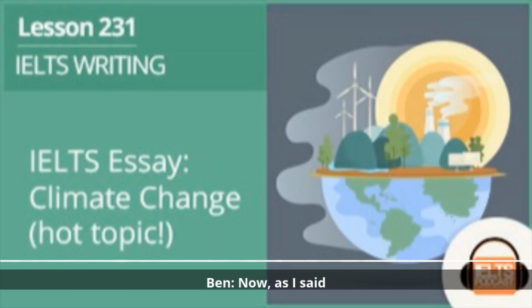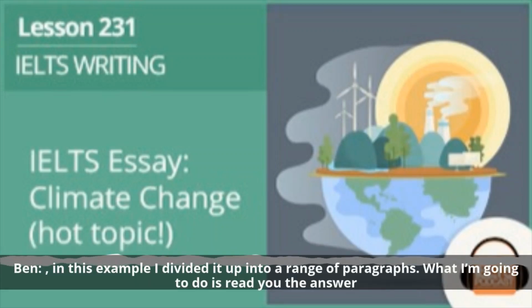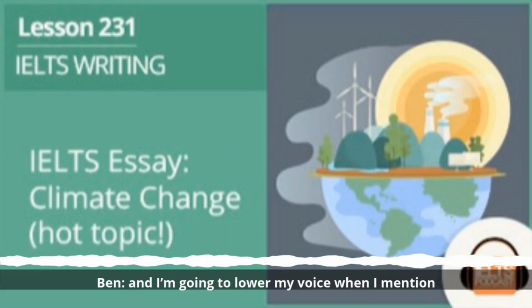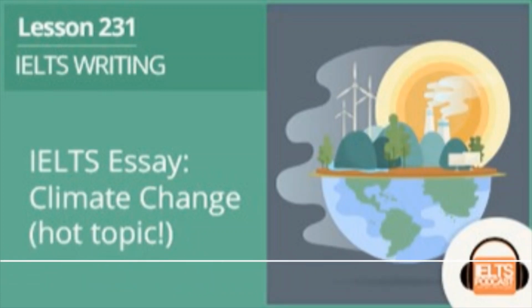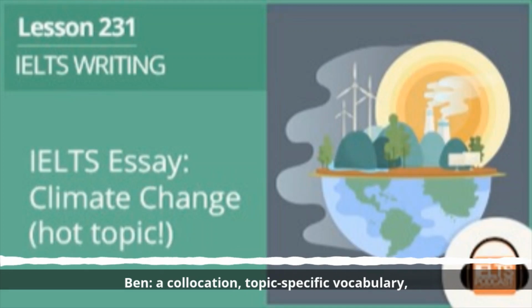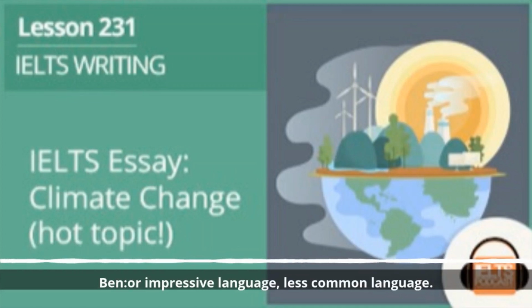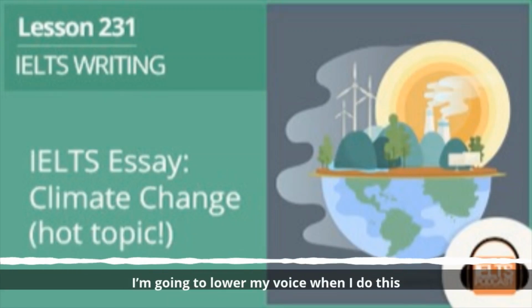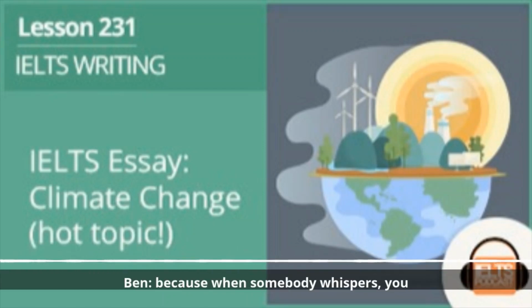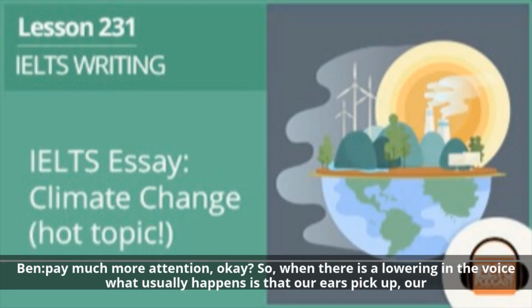Now, as I said, in this example, I divided it up into a range of paragraphs. And what I'm going to do is read you the answer, and I'm going to lower my voice when I mention a collocation, topic-specific vocabulary, or impressive language, less common language. I'm going to lower my voice when I do this because when somebody whispers, you pay much more attention.